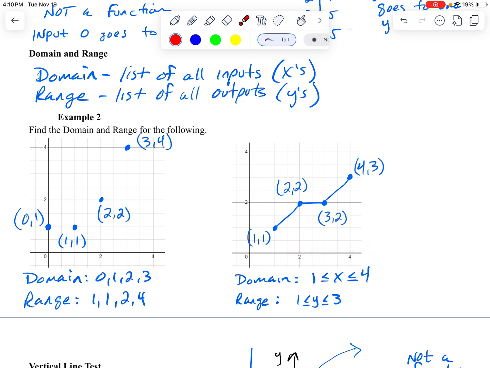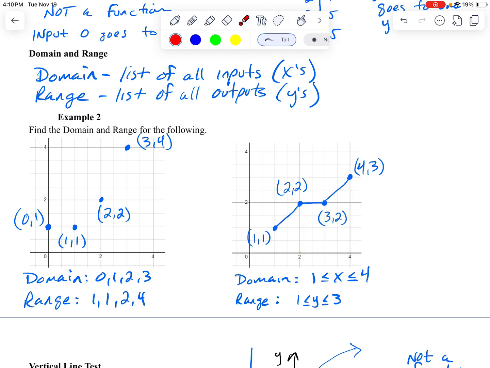So this has an x value of 1, and this has an x value of 2, so think about, we just draw this line down, that's 2. And then in here, we've got everything between 1 and 2 as well. And then this has an x value of 3, but we have everything in between there, and this x value of 4, and we have all x values in between.